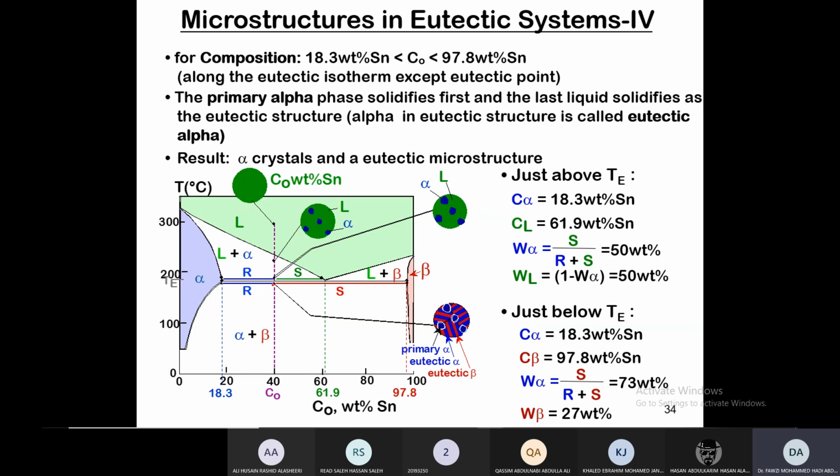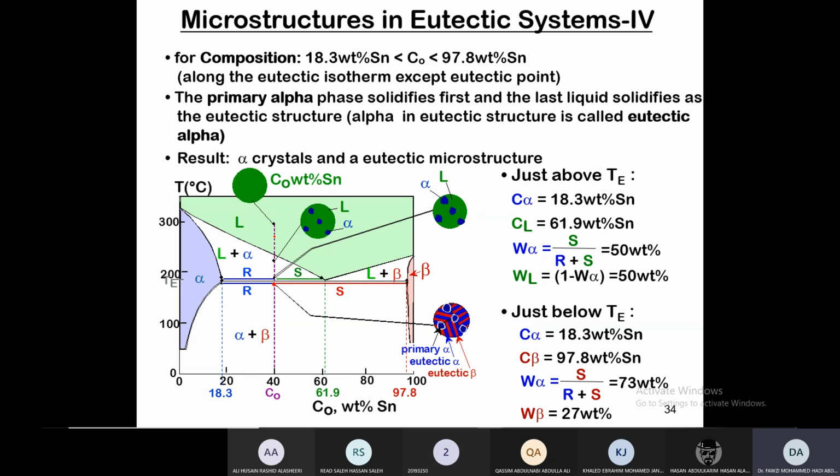The alloy was cooled down slowly from, let's say, above 330 degrees centigrade until it reaches just below the eutectic isotherm, or a certain temperature is given as well. We will have the same case, but let's take the easy one, just below the eutectic isotherm. How will the microstructure develop?